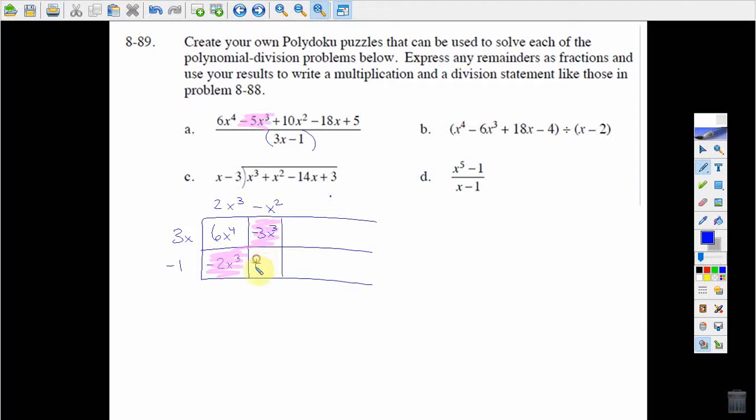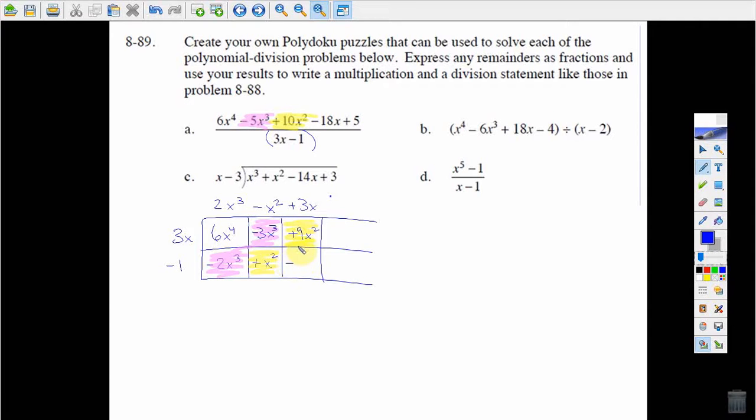This would then have to be positive x squared. This box and this box need to add up to that term. So this must be 9x squared, because 9x squared plus x squared gives us 10x squared. 3x times 3x is 9x squared.